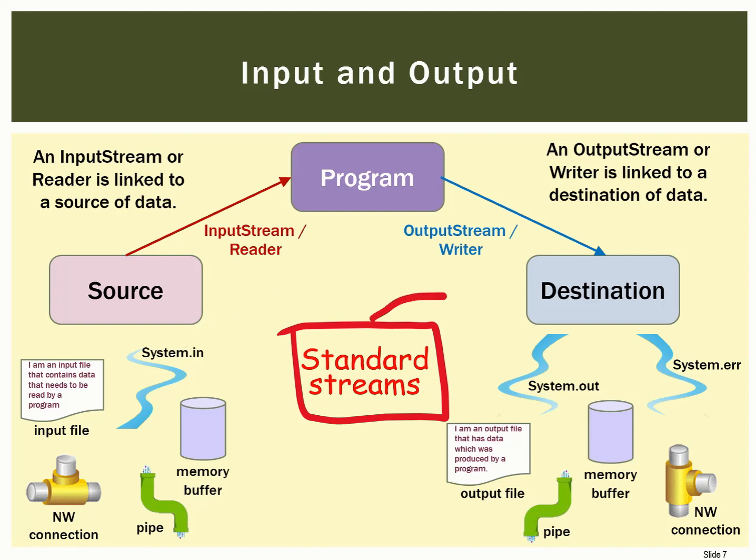There is also the familiar system.out, used in system.out.println. System.out is the stream you use to send information to the console when you're writing in Java. But you can also send information from system.out elsewhere. We'll learn about that later. And you've also seen system.err.